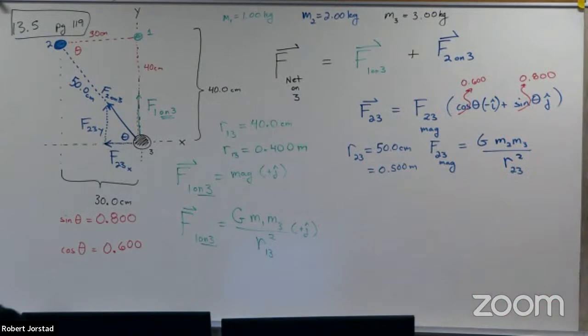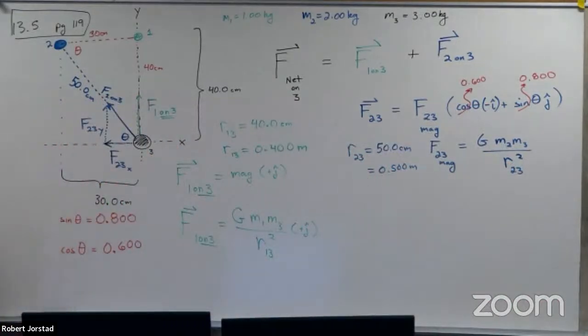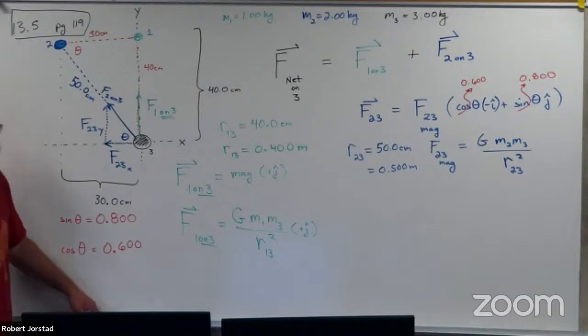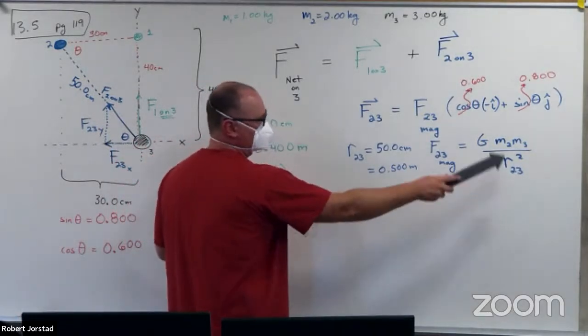I'm going to pause and make sure you guys agree with that. It might not be exactly the same as the way we already did it, but it's nearly identical. So I want to give you a second just in case. Does that make sense? Hopefully you agree. We can get the magnitude. We could do SOHCAHTOA.